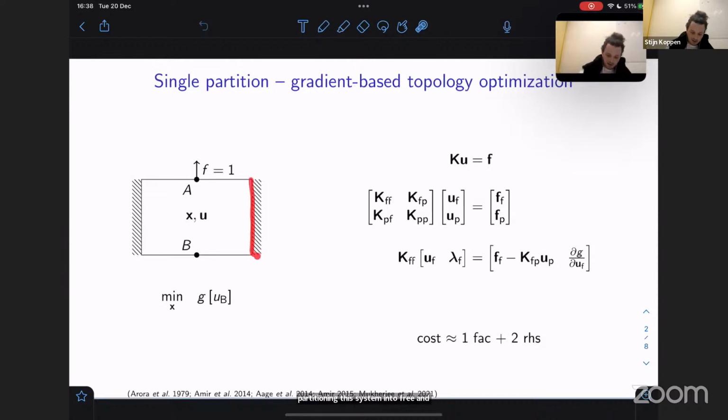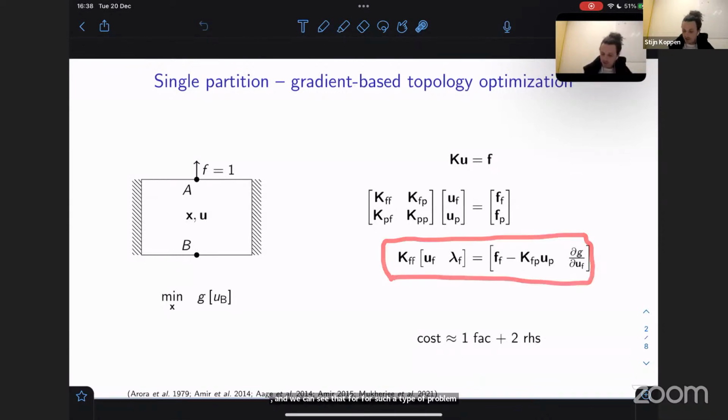So in this case, obviously at the boundary conditions, the state is prescribed, and in the middle, the state is free. And we can see that for such a type of problem, this is the resulting system of equations that we have to solve.